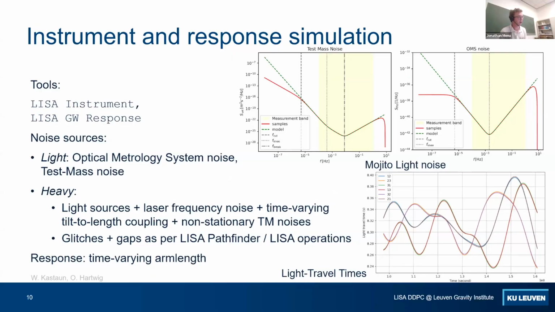Of course, they're everywhere, but one is contributing on one end and the other on the other end of the spectrum. For Heavy, we also introduce a couple of non-stationary noises to increase the level of realism. For the response, we're also considering the time-varying arm length. So this is no longer a nicely equilateral triangle, but we consider the actual effect on, for instance, the time delay interferometry.